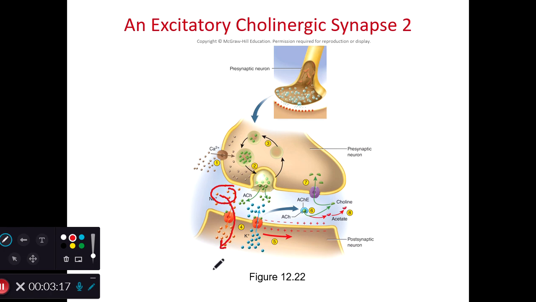And as we add more and more sodium ions to the inside of the cell, we're going to change the voltage on the inside of the cell, and then we'll have potassium voltage-gated channels open up. Those potassium voltage-gated channels will then allow positive potassium ions to rush out of the cell, and we're going to have the movement of our ions now, and we're going to initiate a change in voltage that initiates an action potential that then initiates a change in charge that's propagated down the length of the cell.